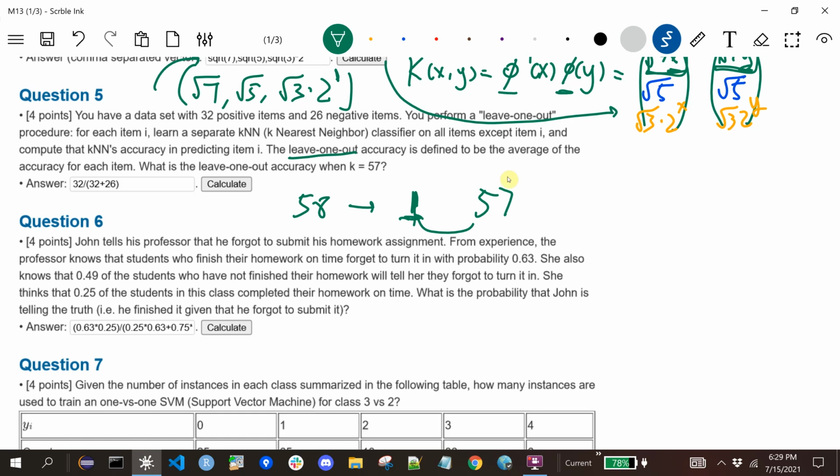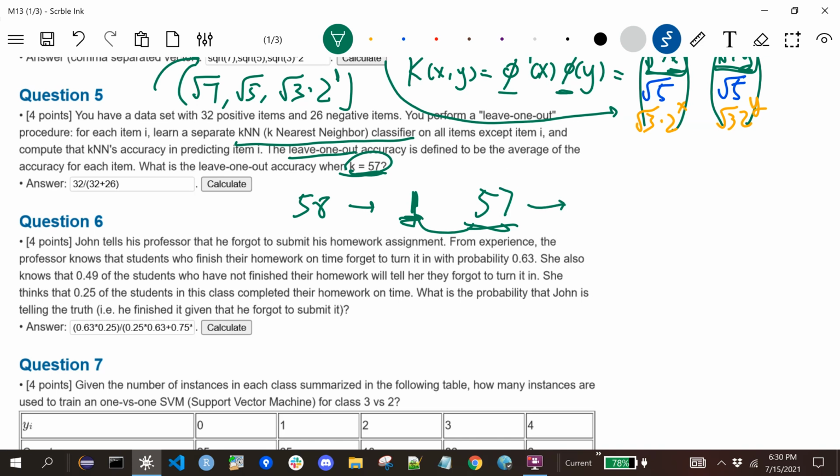And I mean, how many of these are classified correctly? And the thing we're training is k nearest neighbor with k is 57. So we have a training set of size 57. And the k nearest neighbor k is 57. So what it means is always everything is the nearest neighbor. So all the training points are neighbors. So the only thing we need to do is to do majority voting.